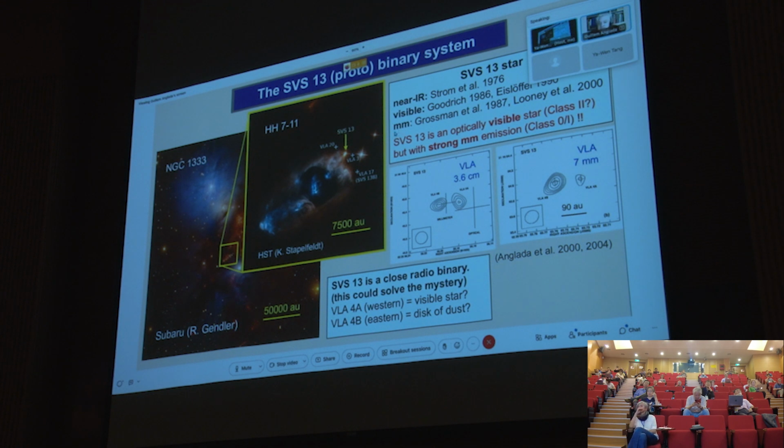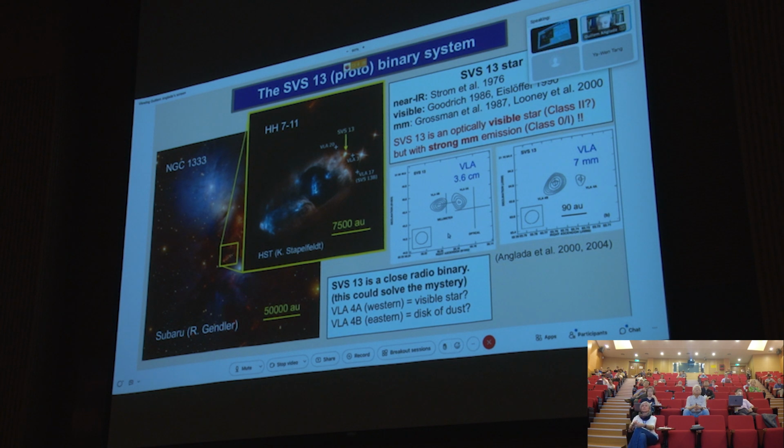On the other hand, this star is a strong millimeter source, so it's like a contradiction: it's both a visible star, suggesting that it's relatively evolved, but at the same time a strong millimeter source that suggests that it is a class 0 or a very young protostar.